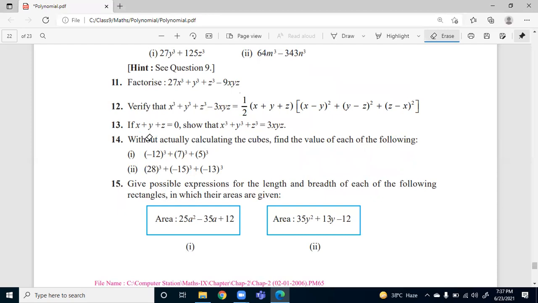In the meantime, you can take out some book, whatever is with you, and start practicing middle term splitting. This is not the end of middle term splitting. Class 9th is not the end. You will be asked middle term splitting in class 10th also. So you cannot skip that part. It is very important.